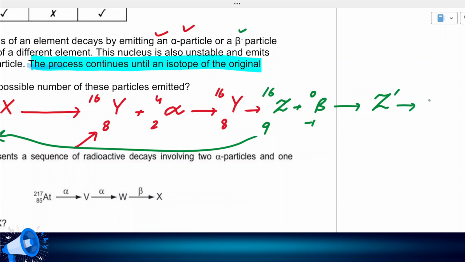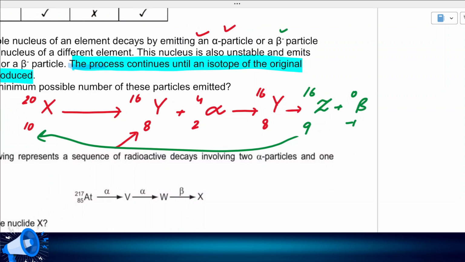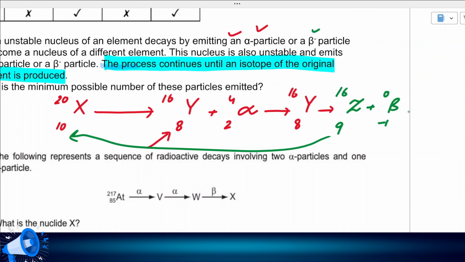then this one now undergoes another beta negative decay, or I don't need to extend the equation. I can add 2 beta particles here.